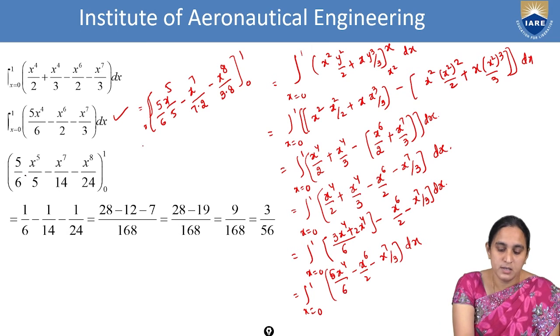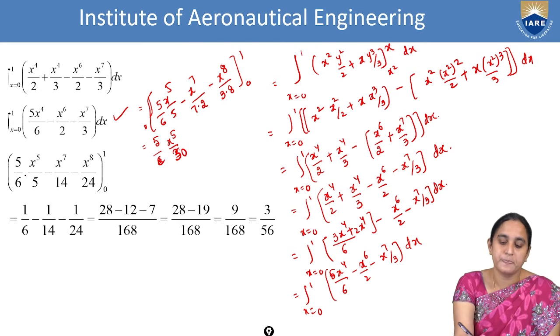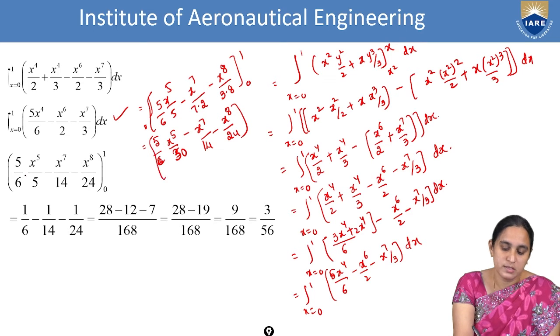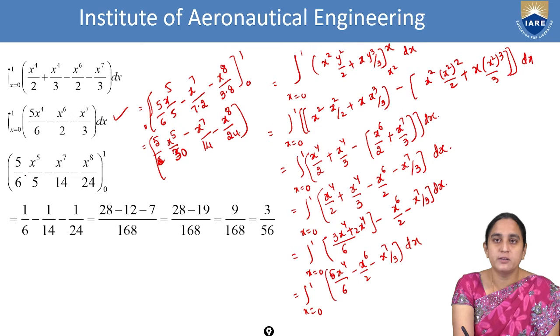From that, 5 by 6 into x power 5 by 5 is x power 5 by 6 into 5, that is 30, minus x power 7 by 14 minus x power 8 by 24, and the limit points 0 to 1.